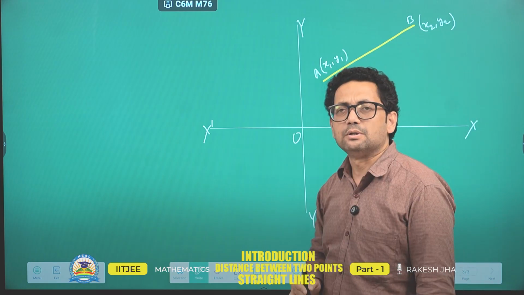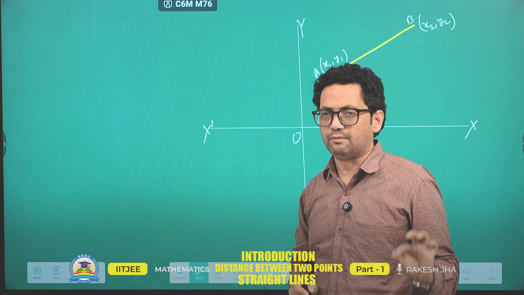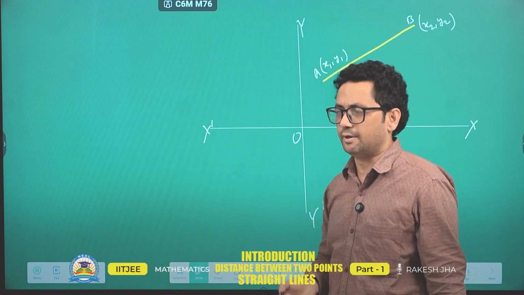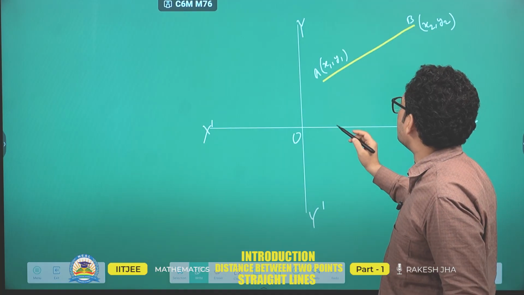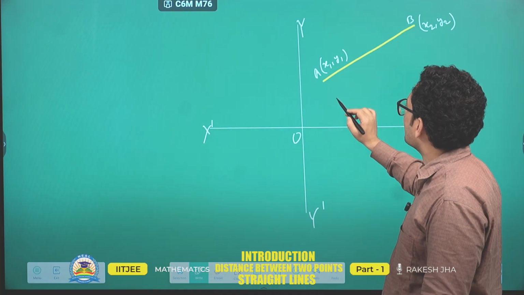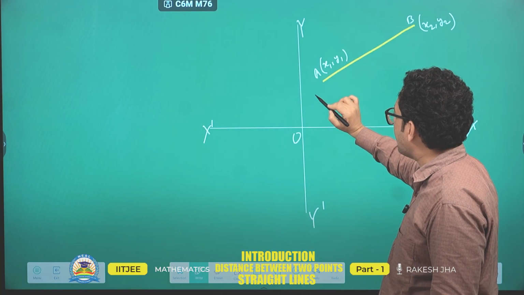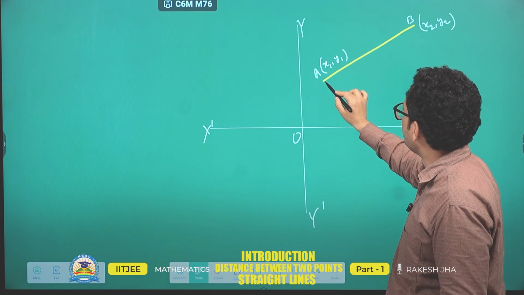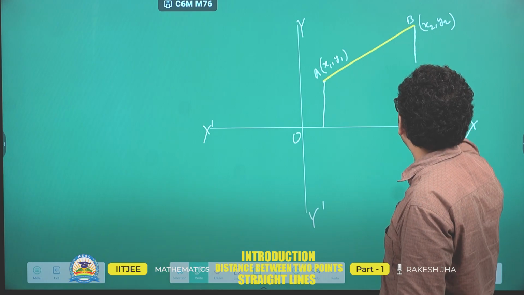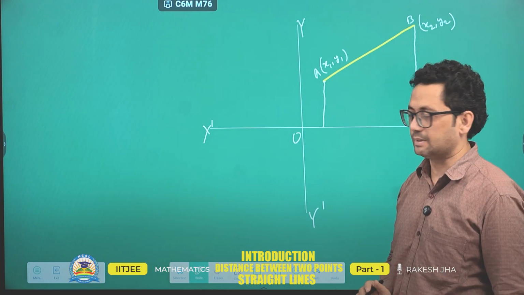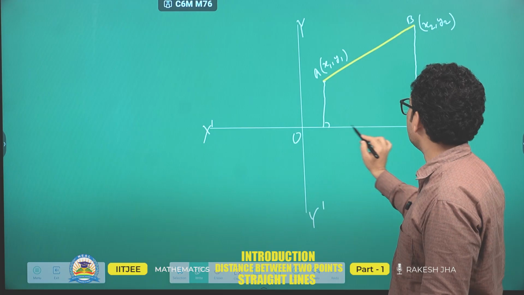So the same formula that we knew in the previous slide, we are going to prove it. So how can we do it? For this, we can simply get the perpendiculars from point A and also from point B on the x-axis. So here this is the perpendicular.